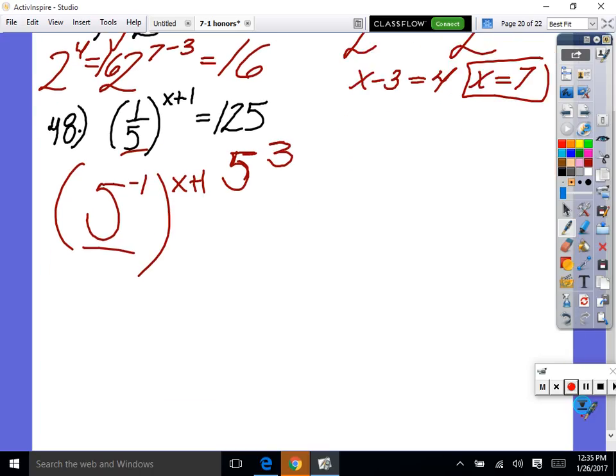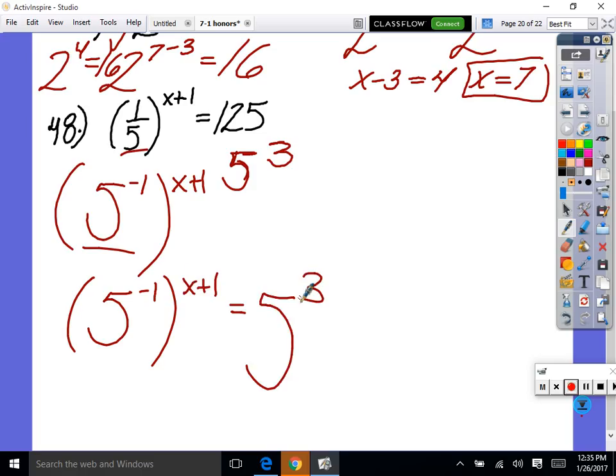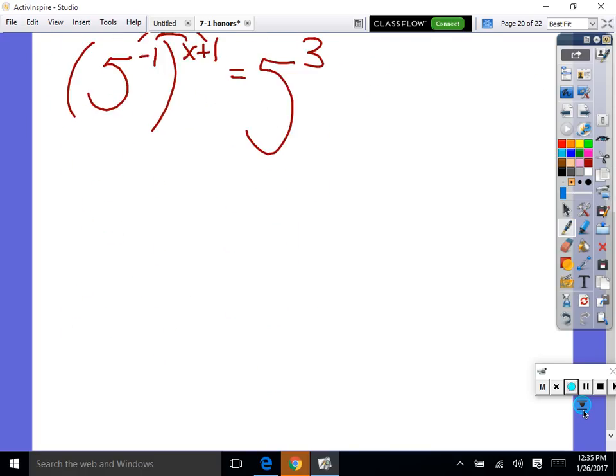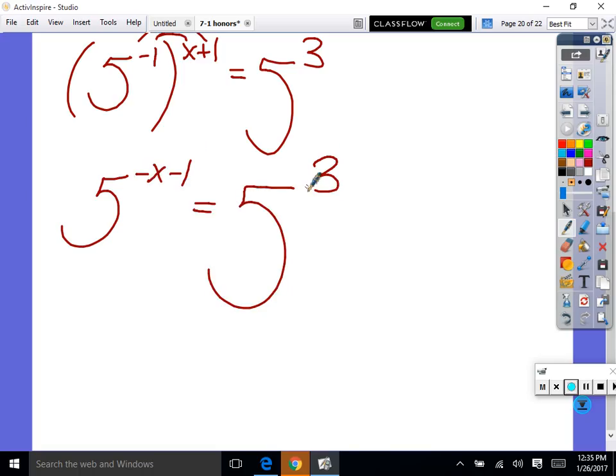So we have this. 5 raised to the negative 1 in parentheses, and then x plus 1 equals 5 to the 3rd. So raise a power to a power and you multiply. So we should be distributing that negative 1 through. So we're rewriting it. So we have 5 raised to the negative x minus 1 equals 5 to the 3rd.